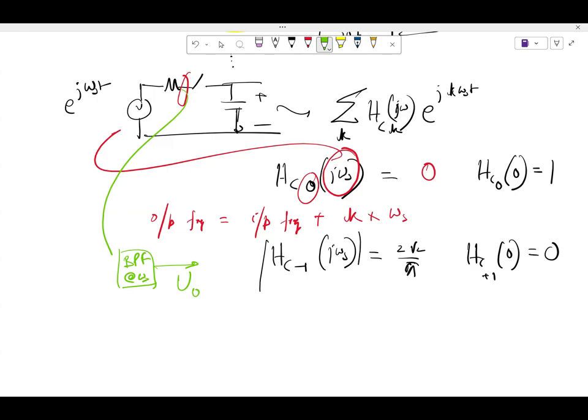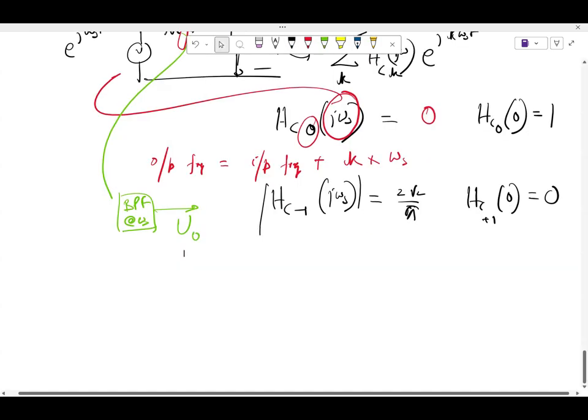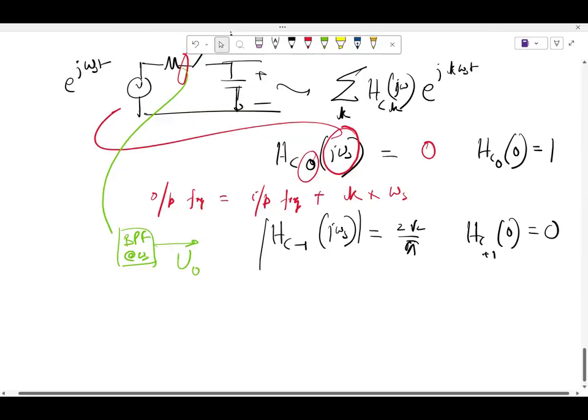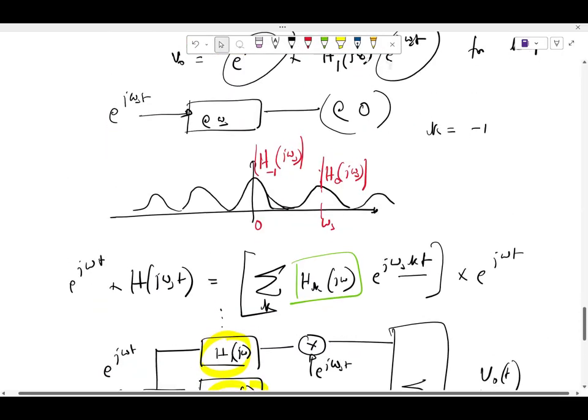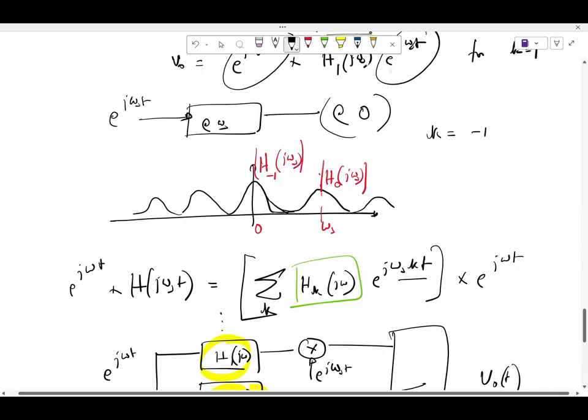And what is the sharpness? The sharpness is essentially, what is the 3 dB bandwidth of this bulge? 1 over NRC, right?